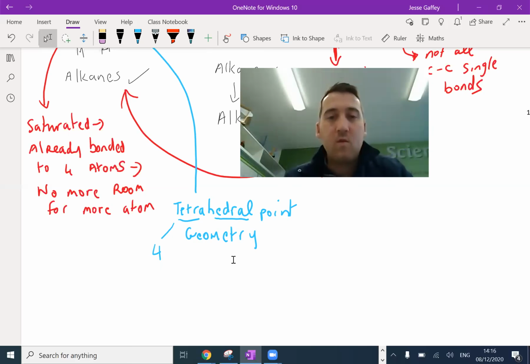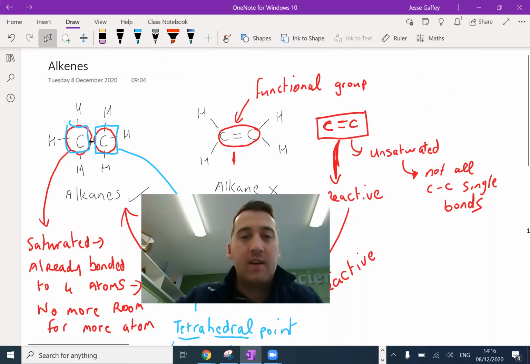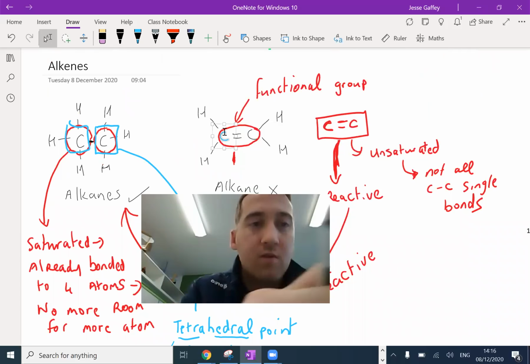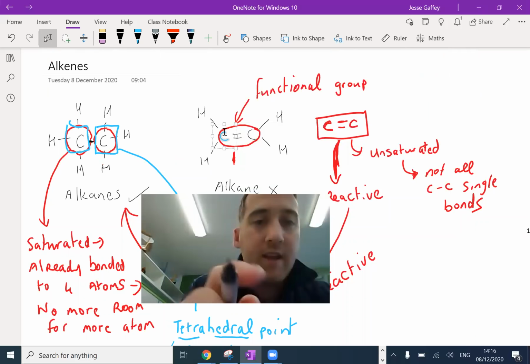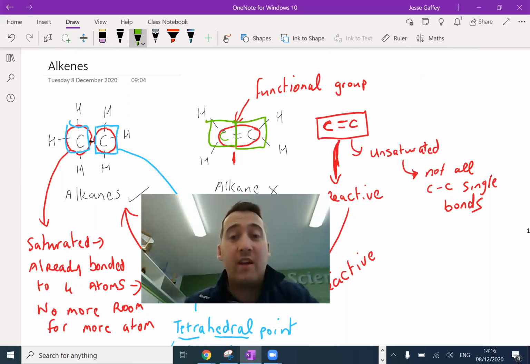Now, what about the C double bond C? I am going to show this in a green square. So this carbon and this carbon are carbons that are attached to 3 different atoms.